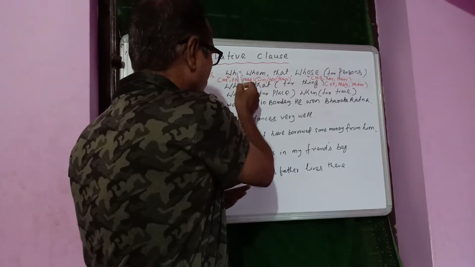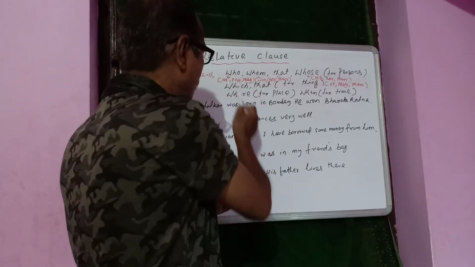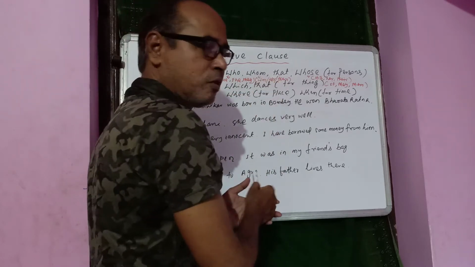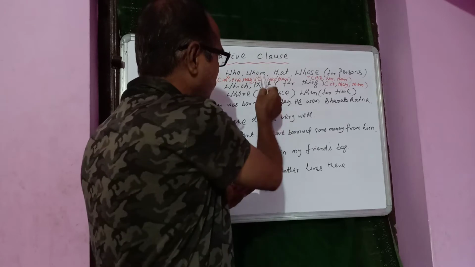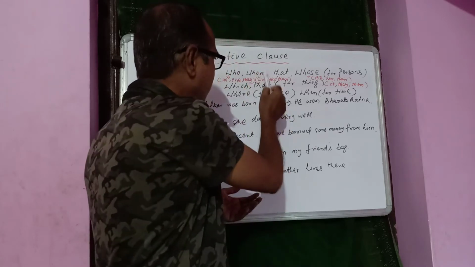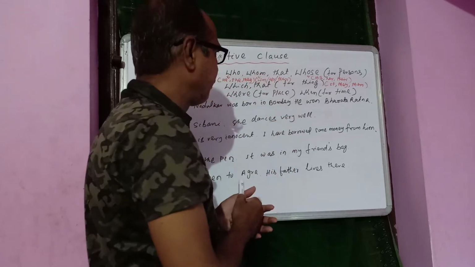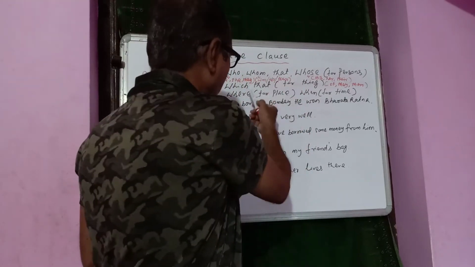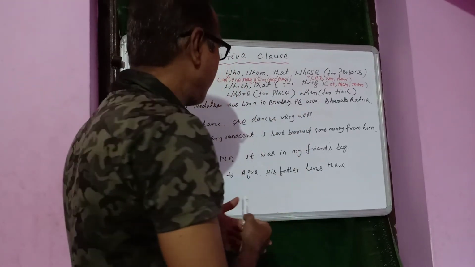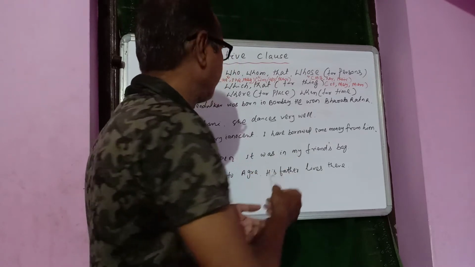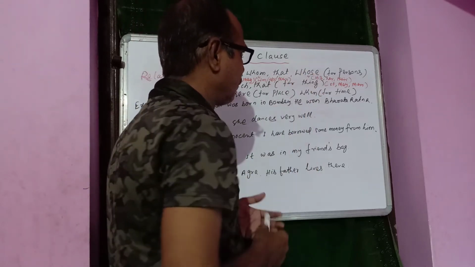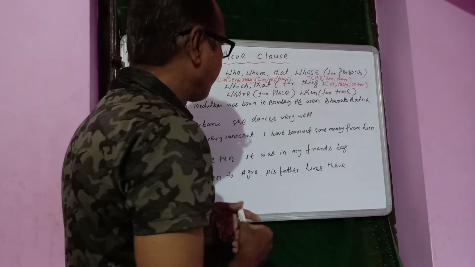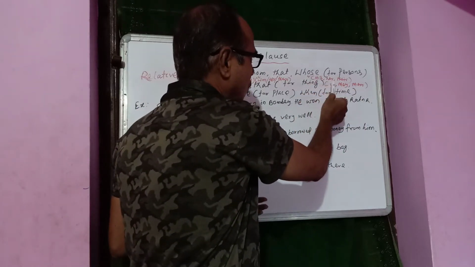This who is the relative pronoun used for he or she or they. Whom is the relative pronoun used for the object pronouns: him, her, them. That can be used for both persons and things. Whose for persons, for his, her, their.